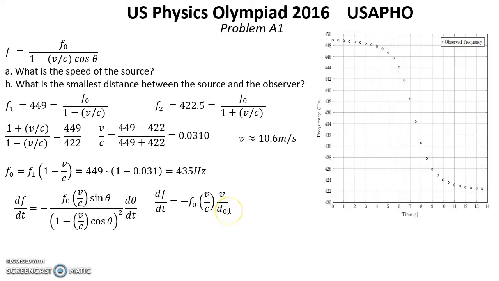And from here we can find d0. We just need to measure the slope of this graph at the point for theta equal pi over 2.